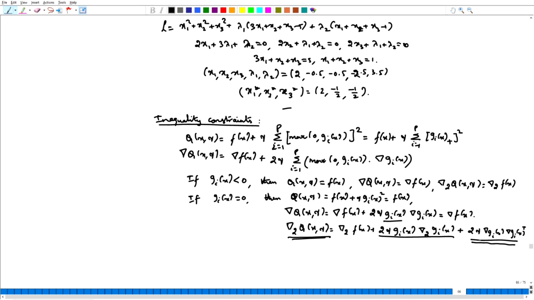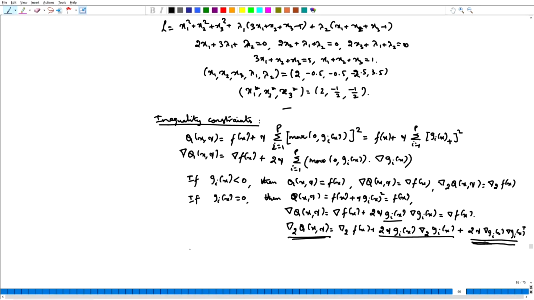The last term comes only when you come from g of x greater than 0, it does not come when you come from g of x less than 0, but nevertheless when you give this whole formula you usually get the answer. So, this is just a recap of what we did at the end of the previous lecture. We will now look at an example and also give the Python code for the same.